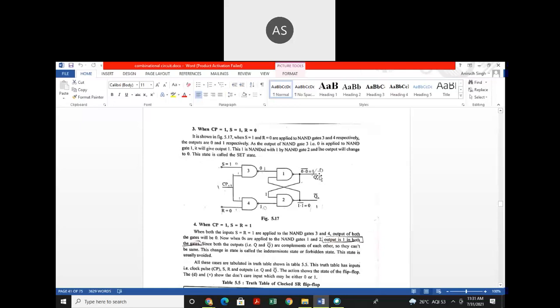Clear? If the present state is 0, then 0 and 0 means 1, and then this 1 and 1 will give 0.